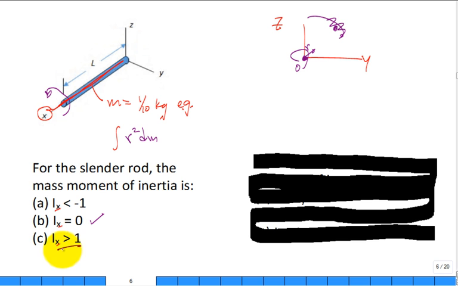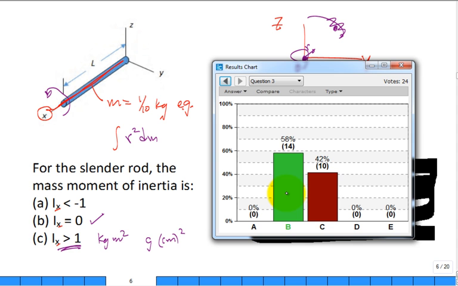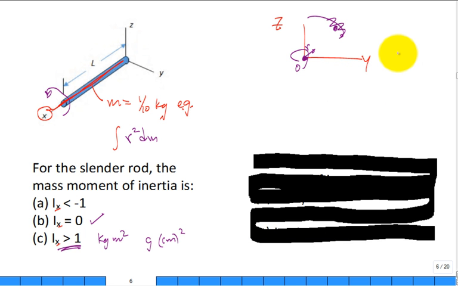Why did, greater than 1, I didn't put the units in there, but you could play with the different units of kilogram meter squared, gram centimeters squared. Without the units, I've got to figure out what 1 means in the particular units. So this was a tempting answer, but the best answer was B. That's what I was looking for. All right. Thank you for nobody selecting A, right?